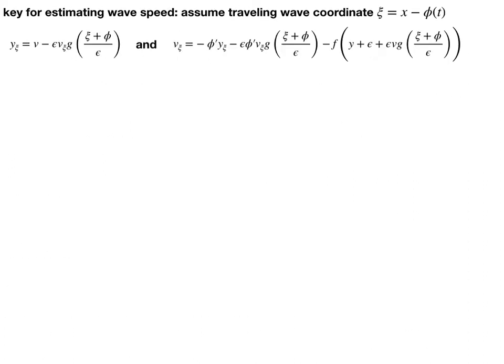We're now going to make a key assumption, which will be important for estimating our wave speed as it depends on the inhomogeneity. Recall the standard traveling wave coordinate for a traveling wave solution would be x minus ct.